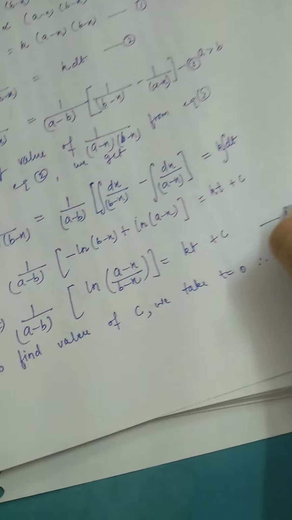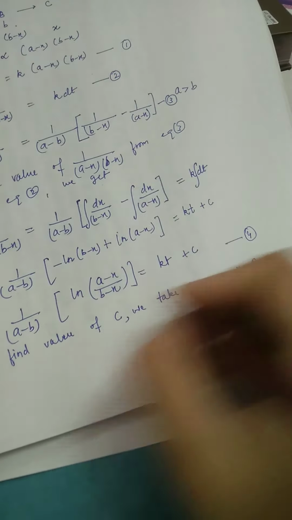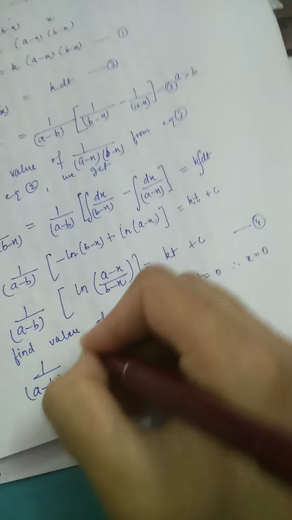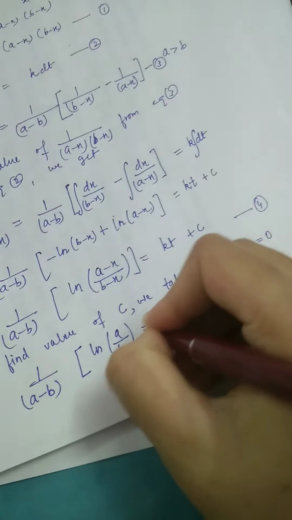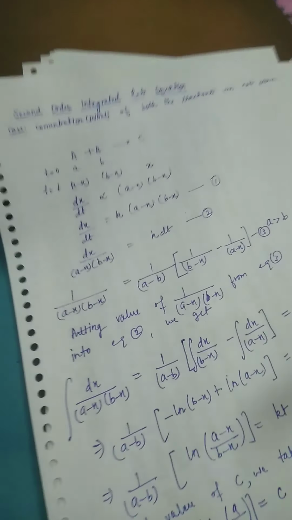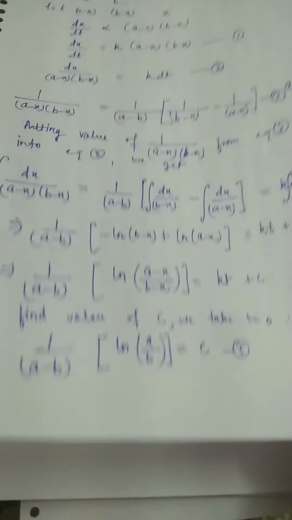At t equal to 0 and x equal to 0, our fourth equation becomes 1 upon (a minus b) into ln a by b equal to c. This is our fifth equation. Now we have the value of c with us.